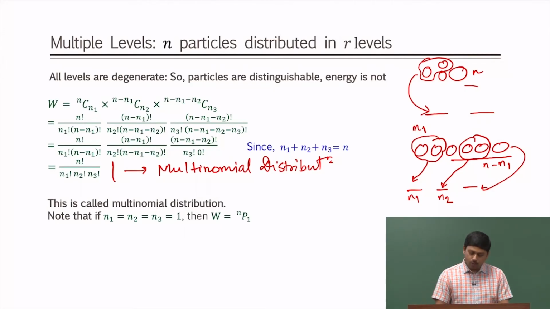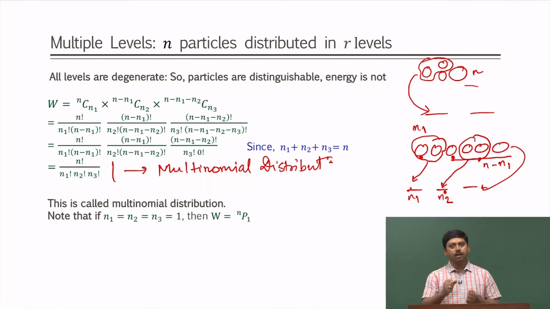Now, interestingly, you notice that if all my n1, n2, n3 were all 1, then I will choose just one by one for the levels, and I will arrive at something called nP1 or n! only, because if all n1, n2, n3 are equal to 1, then I am going to get n! only, and n! is nothing but permutations of n particles, nPn, which means essentially I am choosing one particle and putting it in the first level, choosing the second particle and putting it in the second level, choosing the third particle and putting it in the third level, choosing the fourth particle and putting it in the fourth level, choosing the nth particle and putting it in the nth level.